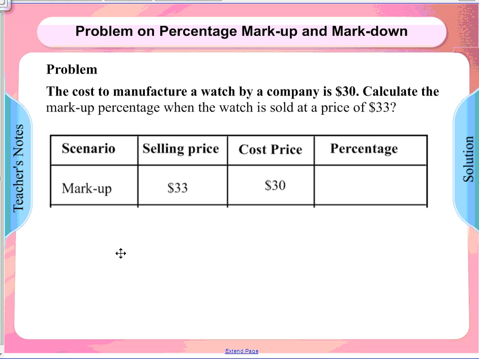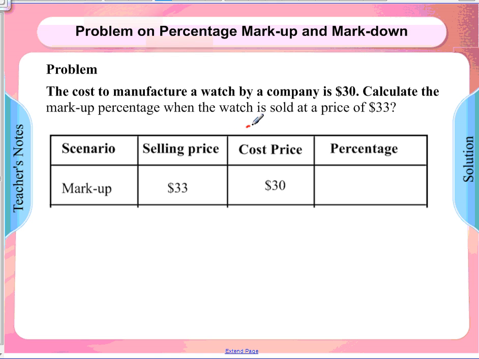So we have this problem. The cost to manufacture a watch by a company is $30. Calculate the markup percentage when the watch is sold at a price of $33. All right, so we have to think about how much. The cost price is the same as the store cost.